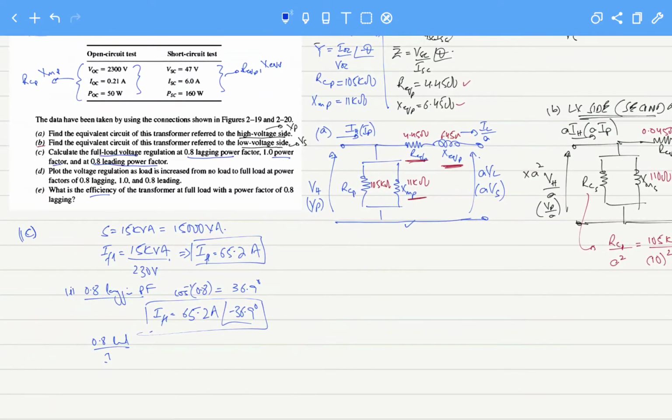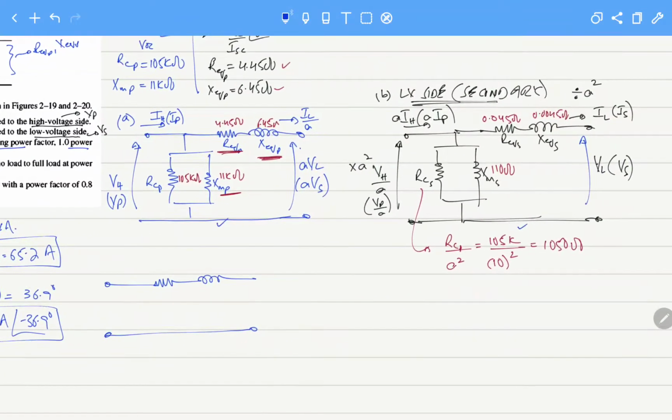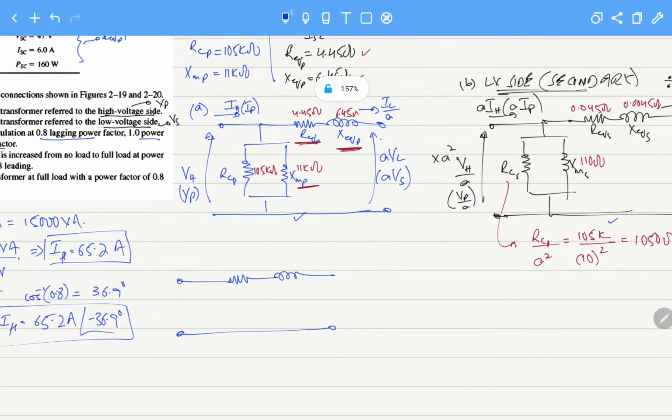So which current are we talking about? Whenever we are solving a circuit for voltage regulation, the magnetization branch is ignored. So actually the circuit is like this, and we have opted to use the circuit referred to the secondary side. This is the full load current that we have taken, 65.2 amps.